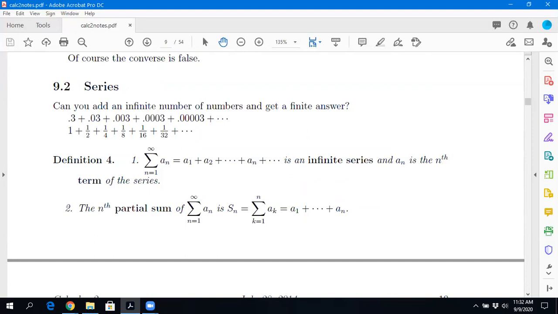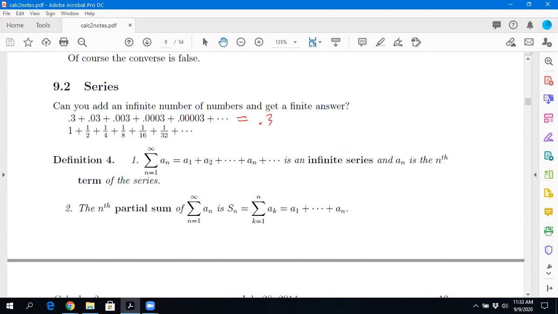Now, you might say to yourself, how could you ever add an infinite number of terms together and get something finite? Well, I think you actually have done that sort of thing before. If I take, for instance, 0.3 plus 0.03 plus 0.003 plus 0.0003, etc., what am I going to get?